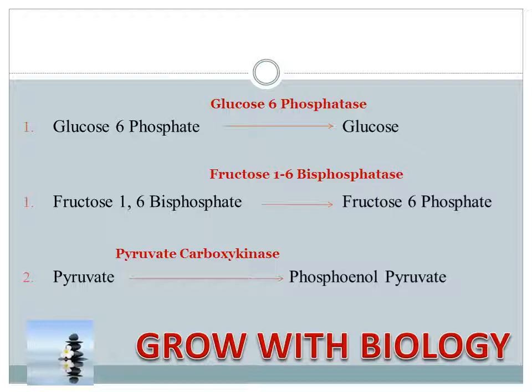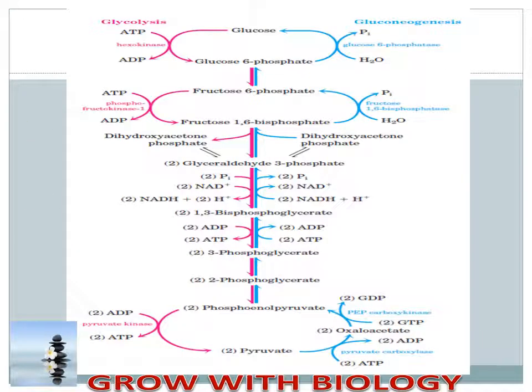The third reaction, that is the first reaction for gluconeogenesis, is pyruvate converting to phosphoenol pyruvate. The enzyme required is pyruvate carboxylase. So these three enzymes when provided can convert pyruvate to glucose.